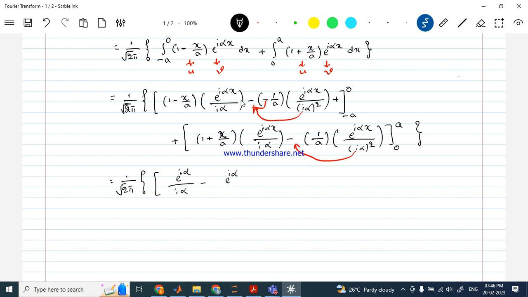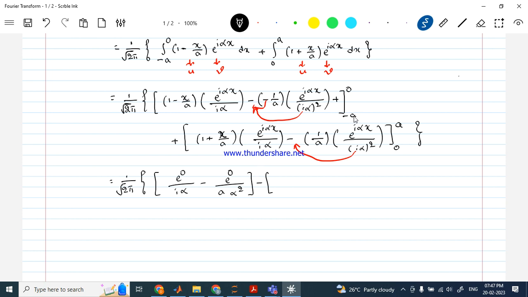I'm substituting the upper limit, sorry, so this should be 0. So x is 0, so e power 0, yeah, it's e power 0 by I alpha from this expression. From here minus e power 0 by a I square, this is taken this side, so it is just a alpha square, minus, substitute the lower limit for the same expression.